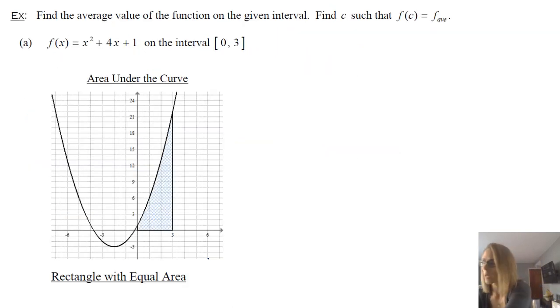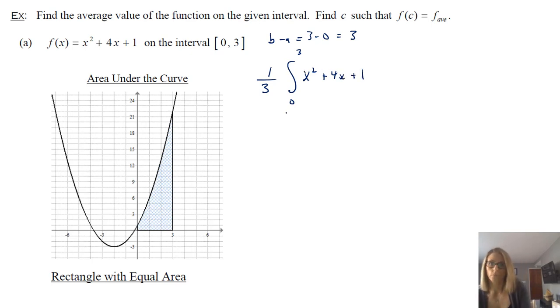So we're just going to take a look at a couple examples. This section is fairly straightforward, especially compared to what we've seen. In order to find this, all you have to do is do your b minus a, which is 3 minus 0, and that's 3. So the outside of your integral is 1 over 3, the integral from 0 to 3 of whatever your function is, x squared plus 4x plus 1.